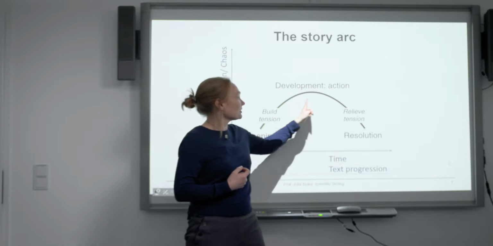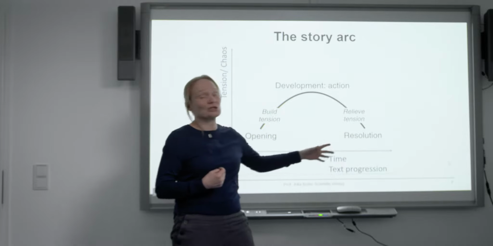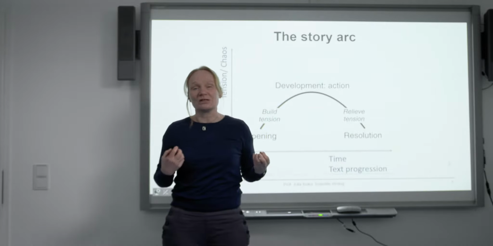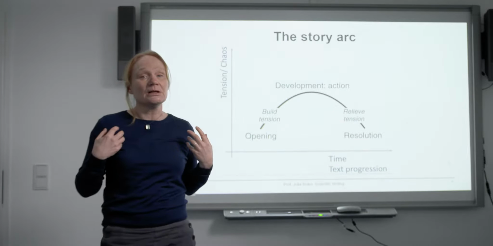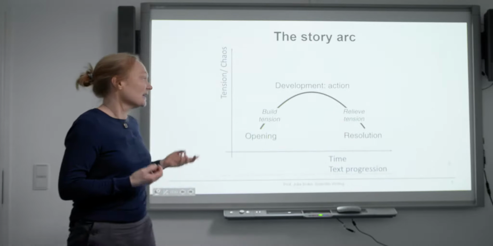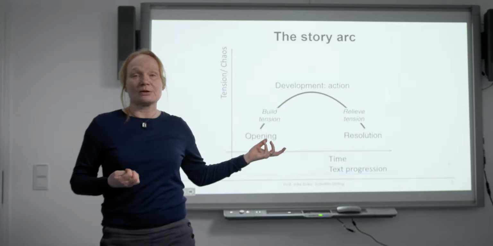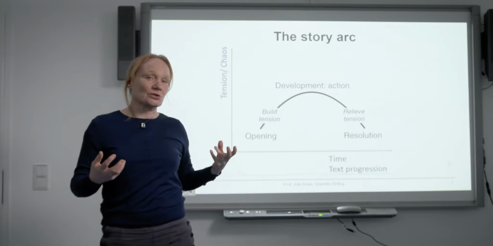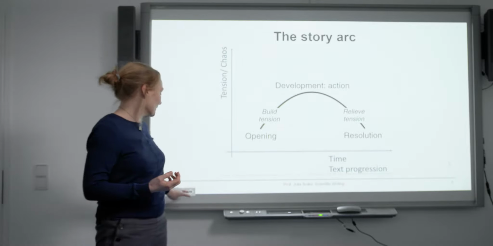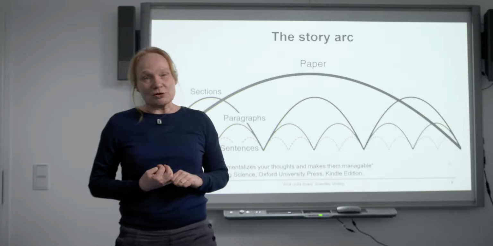So we have this building up of tension and relieving of tension, and this is very important to understand how stories work, because otherwise the reader won't be interested. And this is what we try to do with our masters or our scientific papers: we try to write a story that the reader will be interested in. This is what's called the story arc.